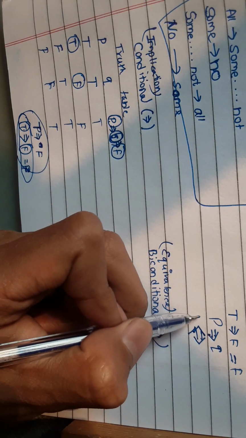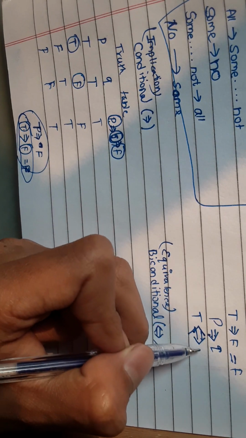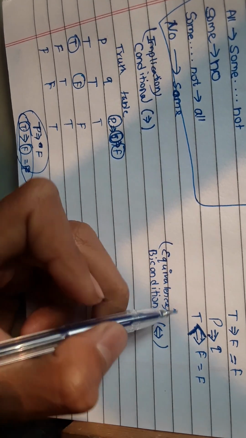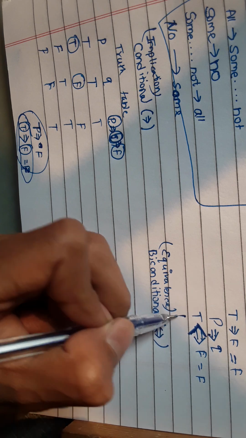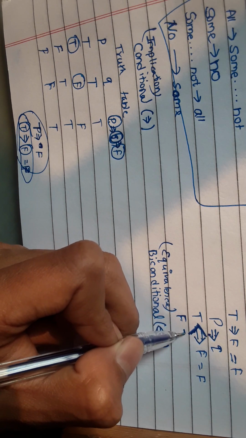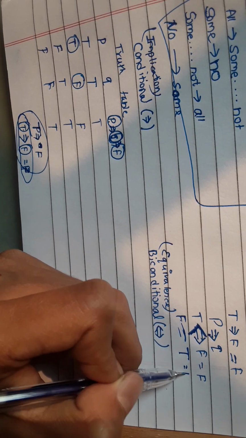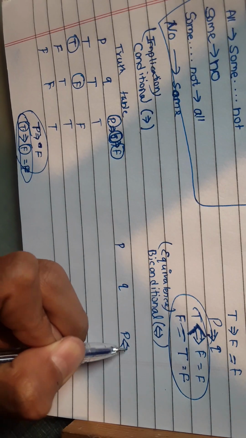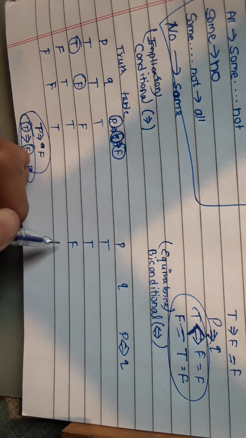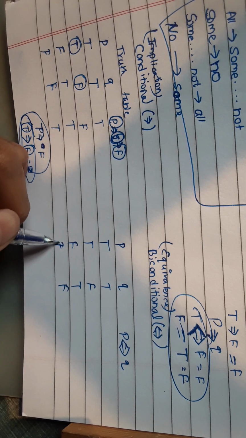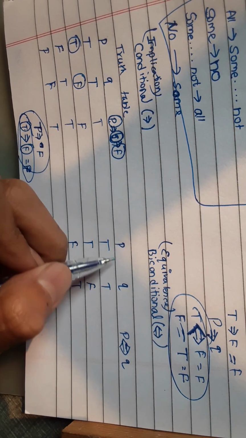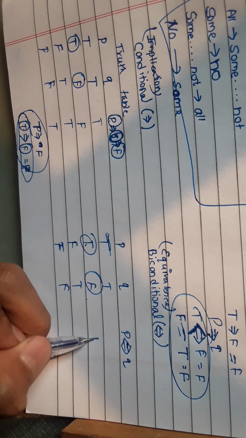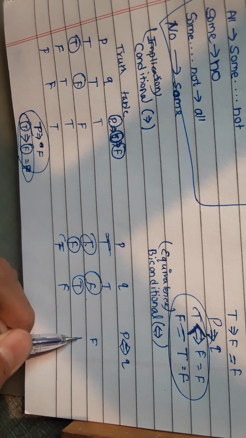At biconditional we use the same technique: true, false is equal to false, but there is also the reverse: if there is false and then true, this also means false, and the remaining are true. Let me show you: true, false, true, false, and the result is true, false, false, true, and the remaining are true.